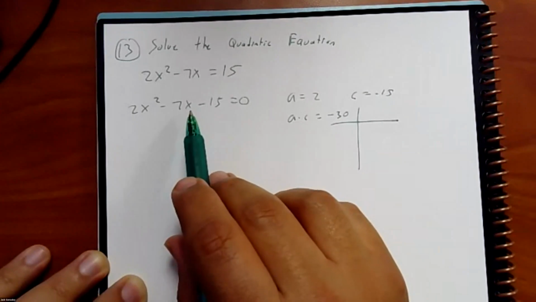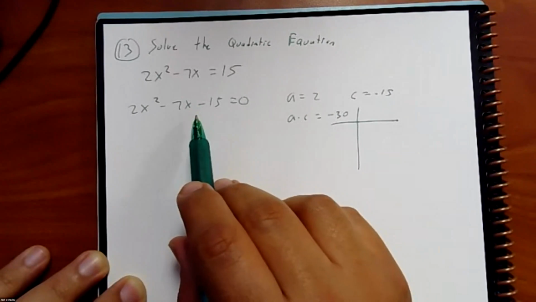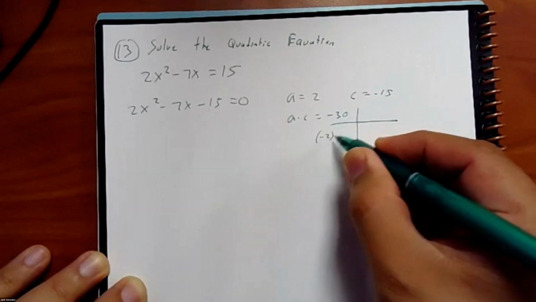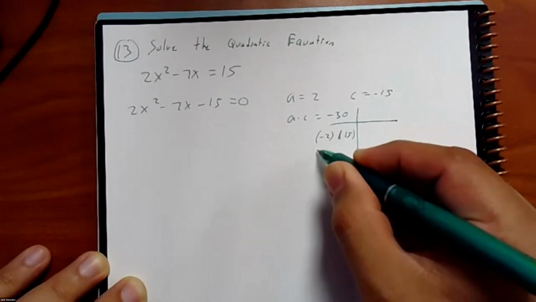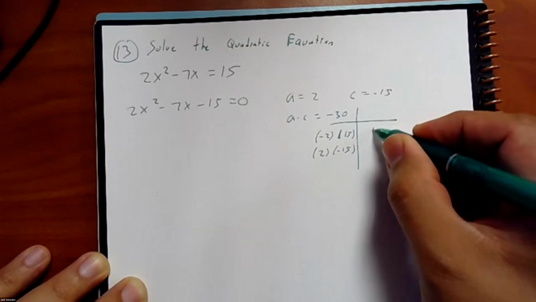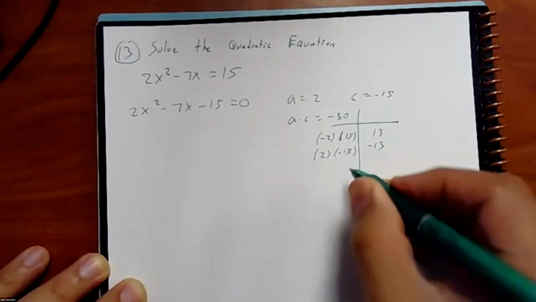Does that happen, actually? There's negative 2 and 15. 2 and negative 15, but that adds up to 13, negative 13.